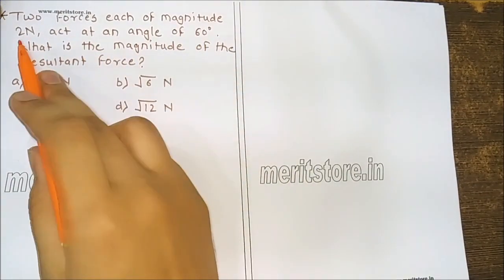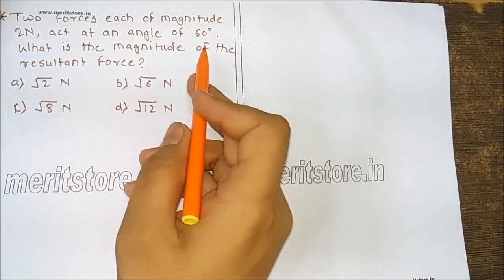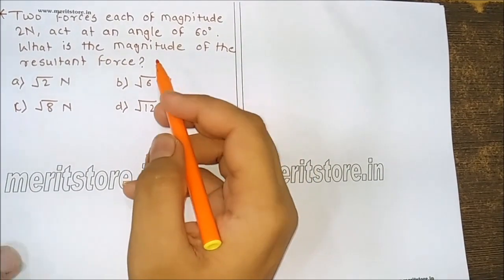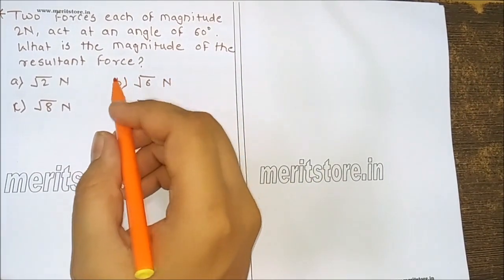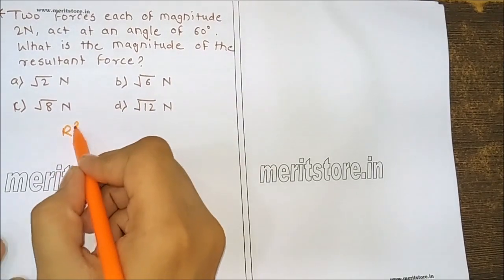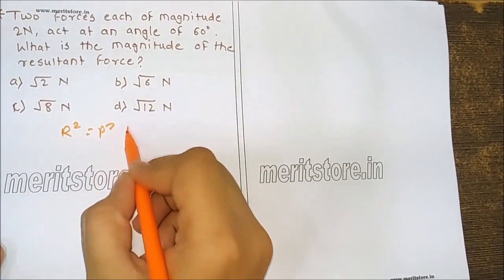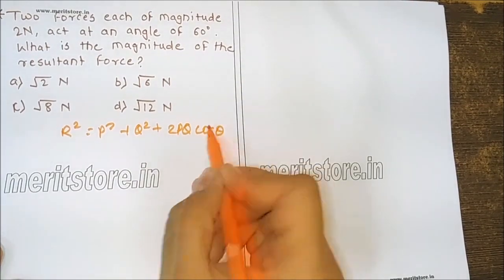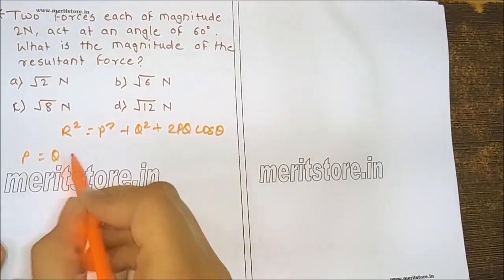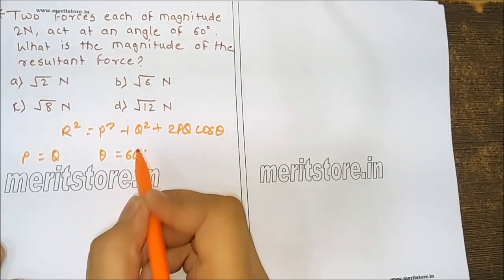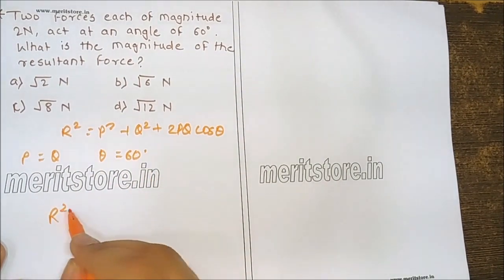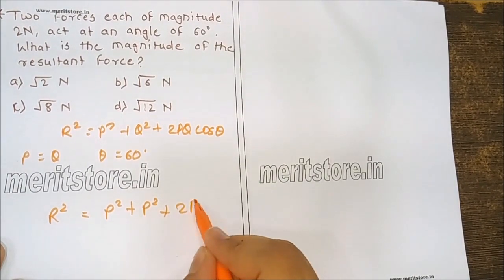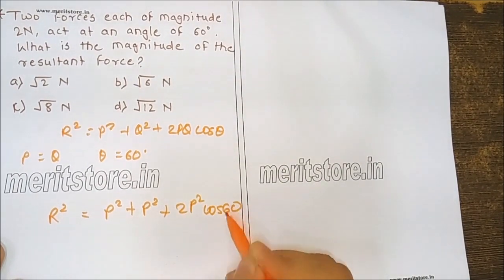Two forces each of magnitude 2 Newton act at an angle of 60 degree. What is the magnitude of the resultant force? Now to solve this question, we know that r square is equal to p square plus q square plus 2pq cos theta. Formula for resultant, we know p is equal to q and theta is equal to 60 degree. Substituting the value, r square is equal to p square plus 2p square cos 60.